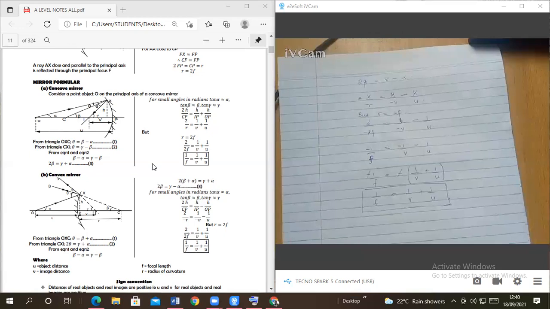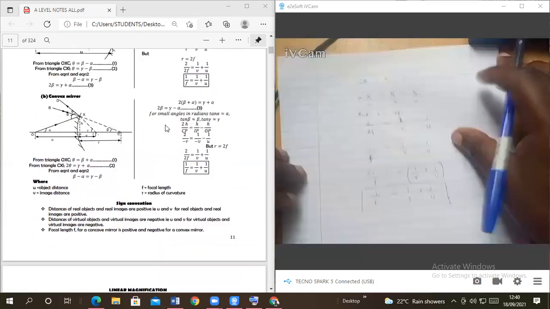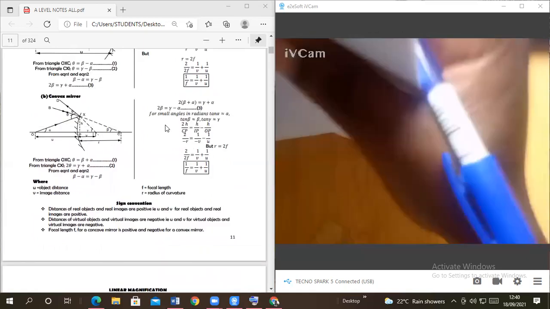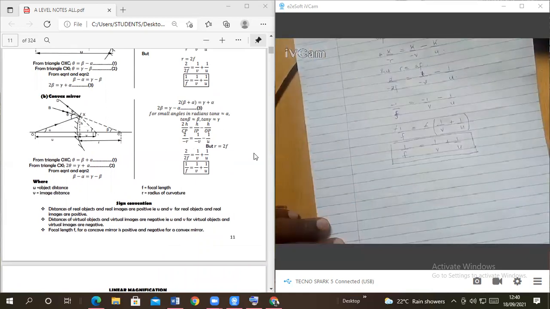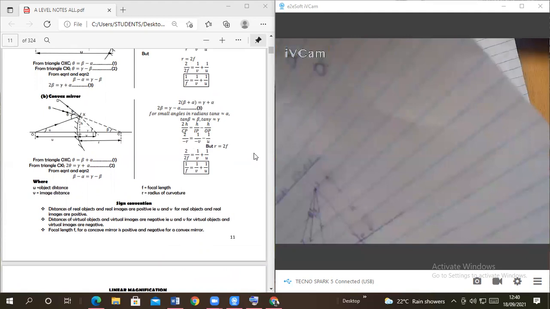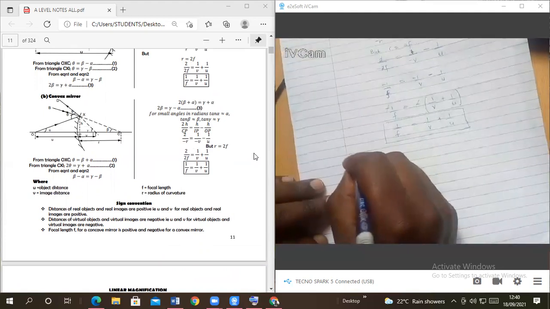So let us proceed. Before we look at these sign conventions which are here, let us look at part B, and the other one was part A. So I shall call it case 2, and that was case 1.